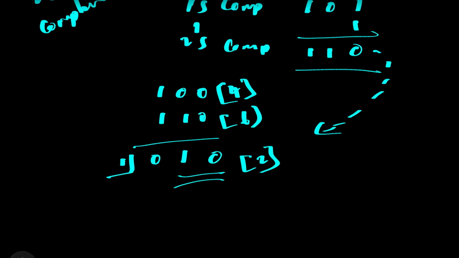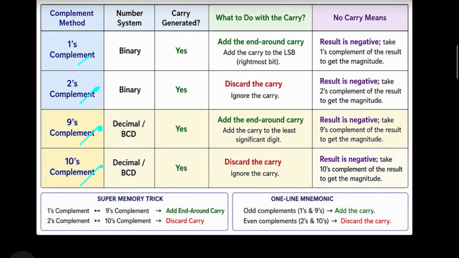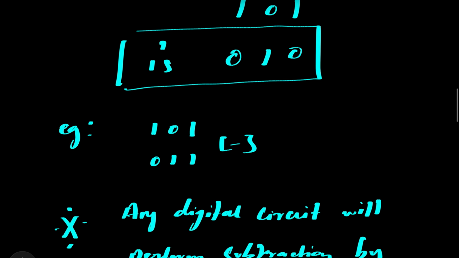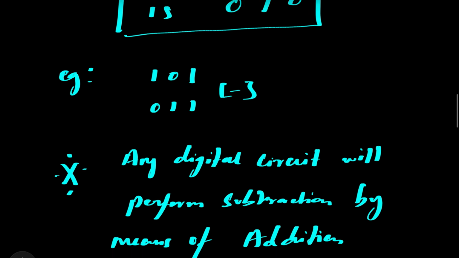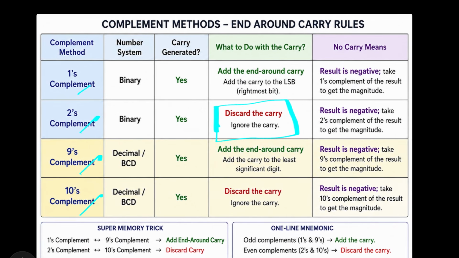But now the carry is there. What we have to do? It's simple. If you are doing a 2's complement or 10's complement, the carry has to be discarded. Just ignore the carry. But if there is no carry, the result would be negative.